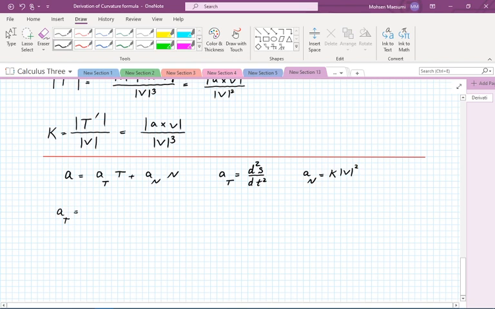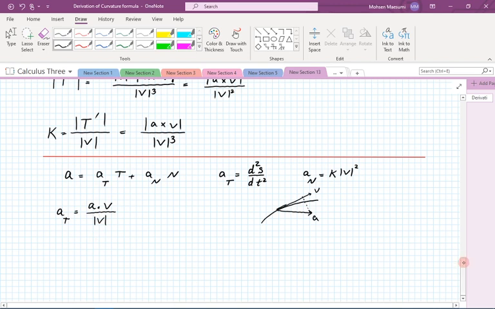tangential acceleration? Well, what we have to do is consider the acceleration, consider a tangent vector. We might as well consider the velocity itself, and find a component of A on V. So that's going to be A dot V over V in absolute value.